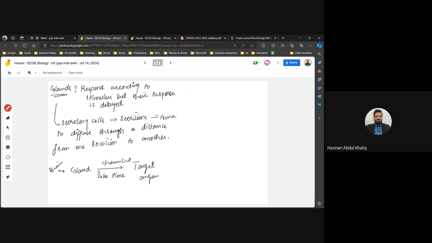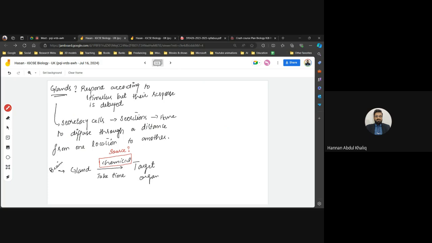Now, that is the thing. I am continuously saying that chemical is being transported from one location to another. Now, what is the source of the chemical transfer? Like how are the chemicals transferred?